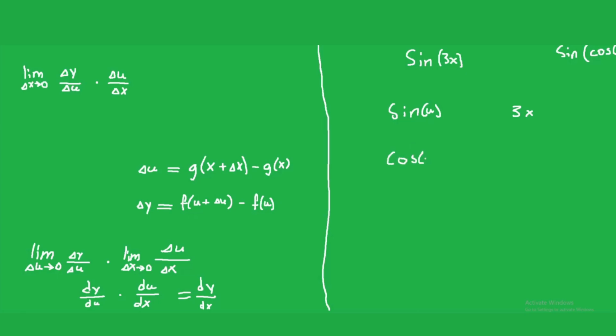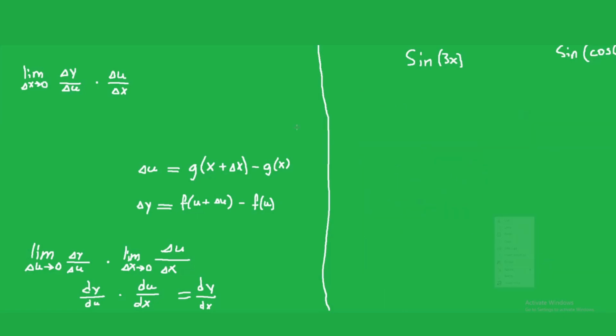The derivative of sine is cosine, so cosine of u, times the derivative of this, which is just going to be 3. This is a pretty simple example. Plug the 3x in here. We're going to have cosine of 3x times 3, so 3 cosine 3x. Okay, not too bad.